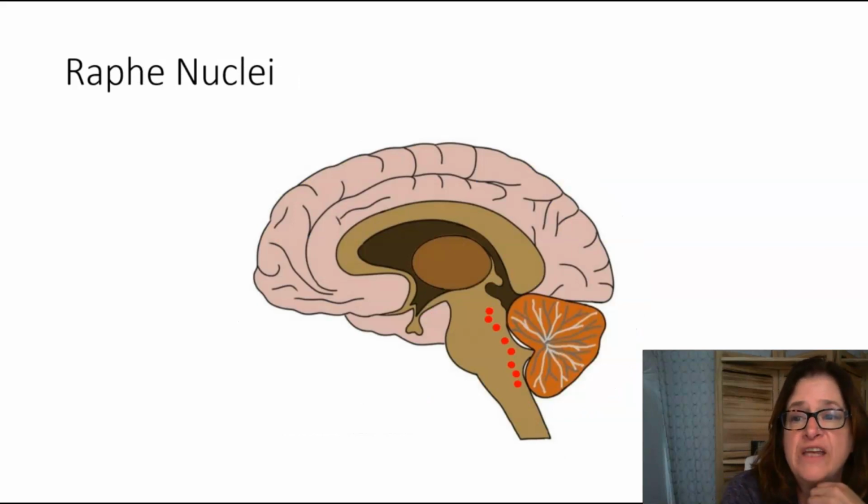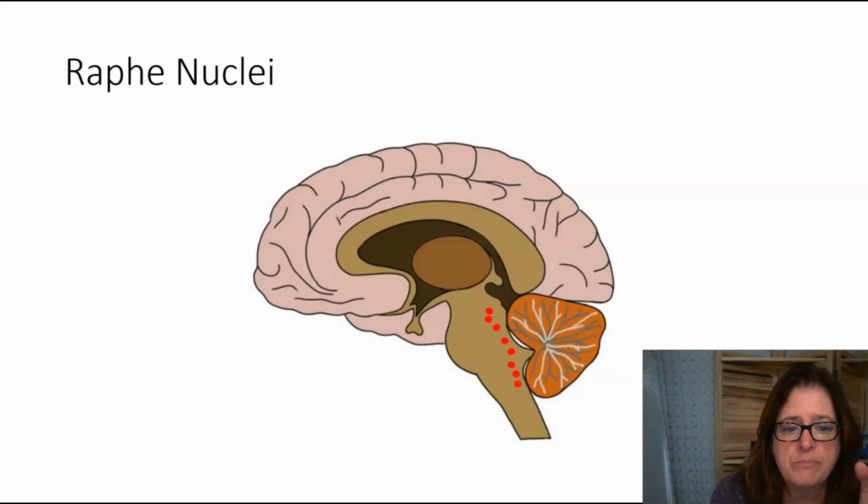Now, the raphe nuclei. Raphe means a line or a ridge that separates two symmetrical parts of the body. And this is appropriate because the raphe nuclei sit right around the midline of the brainstem. And these are composed of cells that are part of the reticular formation, but they're responsible for the serotonergic pathways.